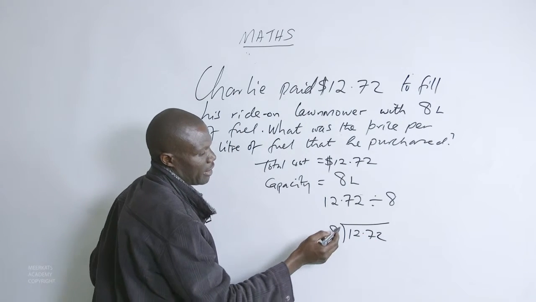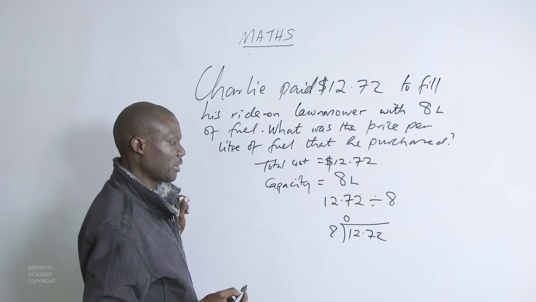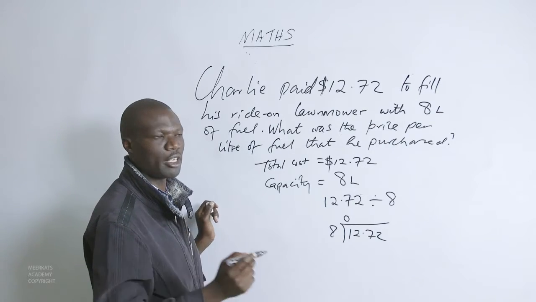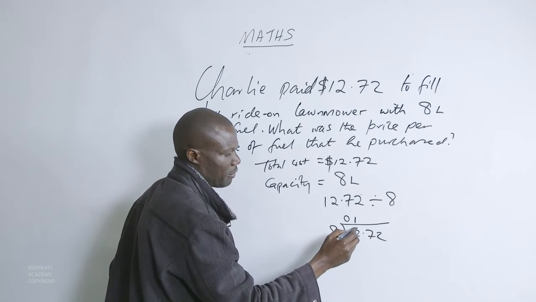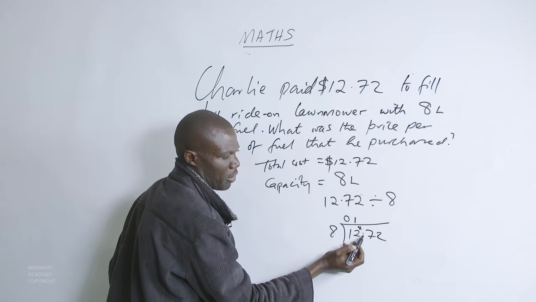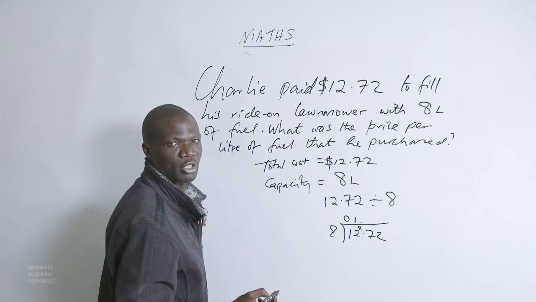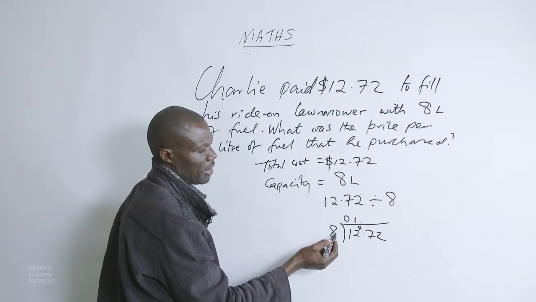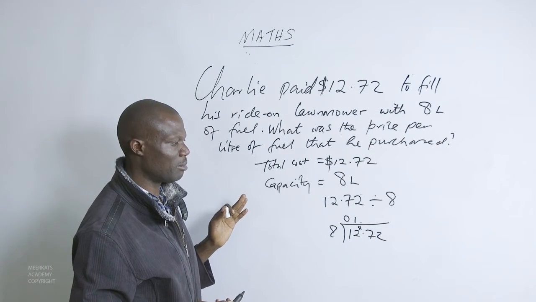1 into 8 is not possible, it does not go into it, so we put a 0. 12 into 8, we get a 1, and we remain with 4. The decimal point of the dividend should be in the same position as the decimal point in the quotient. So we have now 47 divided by 8.